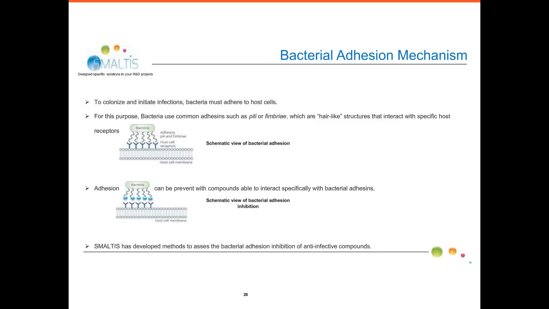For instance, this mechanism is well described for the adhesion of adherent and invasive E. coli strains to the final section of the small intestine of patients suffering from Crohn's disease. But the adhesion phenomenon can be prevented by using compounds able to interact specifically with bacterial adhesins in a competitive manner, and to assess the bacterial inhibition properties of anti-infective compounds, we have carried out specific methods.